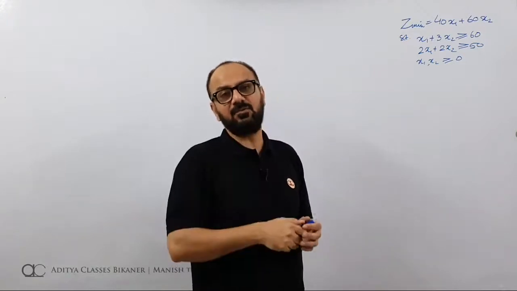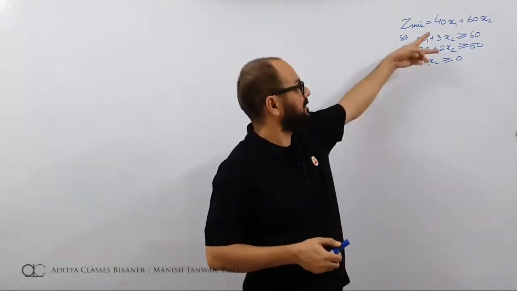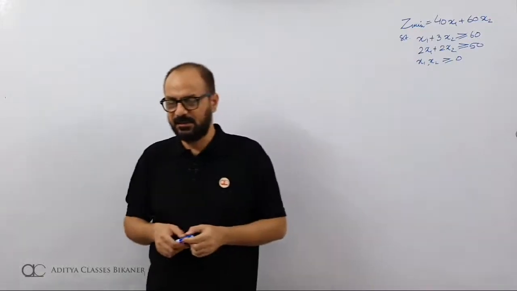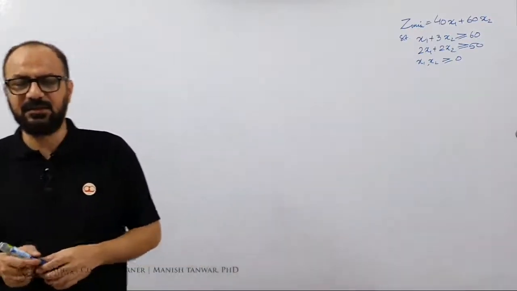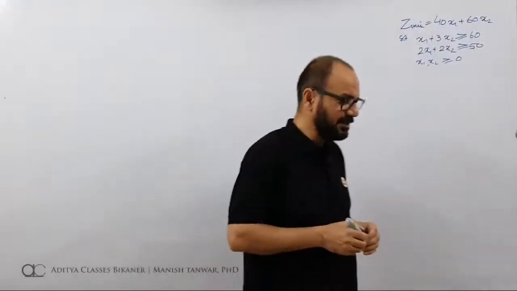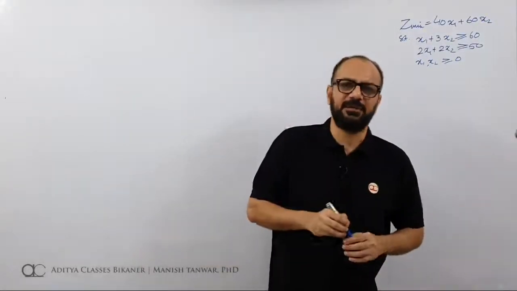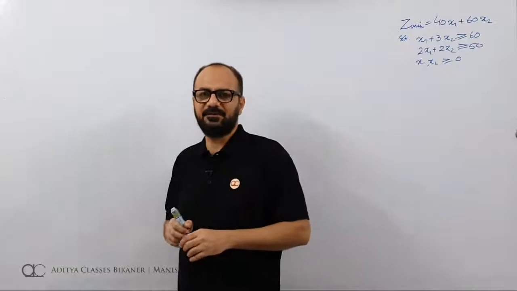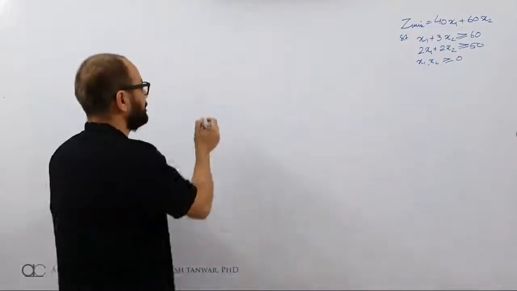Now why do we need to go for two-phase? Because there are greater than inequalities. Two-phase is not such a situation that for every simplex problem you will go for the two-phase method. Two-phase is only used where we come across an artificial variable. When do you come across an artificial variable?